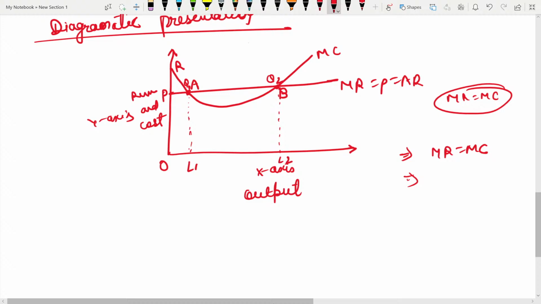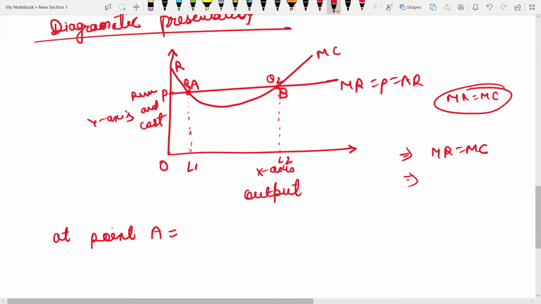If we talk about point A, let's see what happens if the producer wants to operate at point A. If the producer strikes his equilibrium at point A, what happens in that situation?